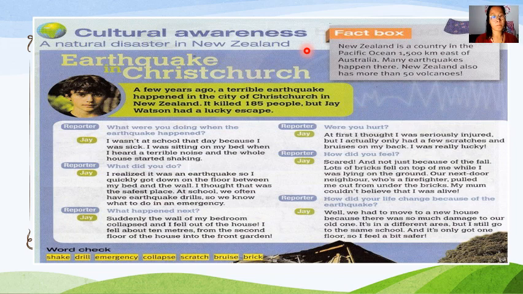Unit 3, Cultural Awareness, a Natural Disaster in New Zealand. Exercise 2, Earthquake in Christchurch. A few years ago, a terrible earthquake happened in the city of Christchurch in New Zealand. It killed 185 people, but Jay Watson had a lucky escape.